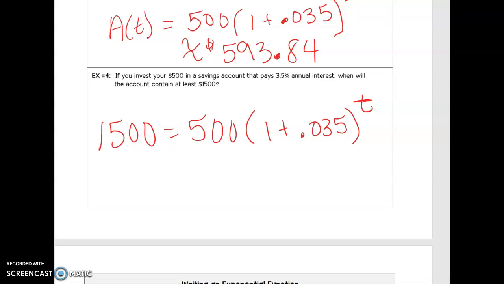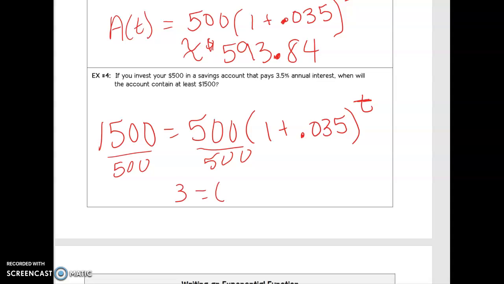Okay. You could graph this if you wanted to. Order of operations says, okay, we want to divide by 500. And then once we do that, we get 3.